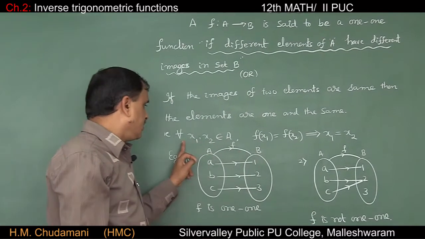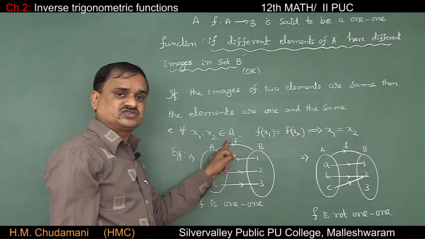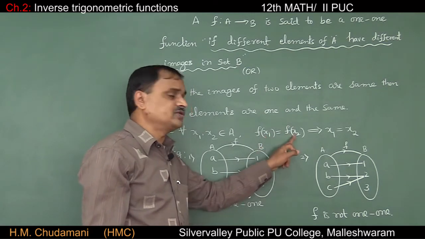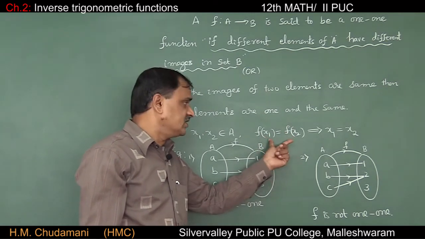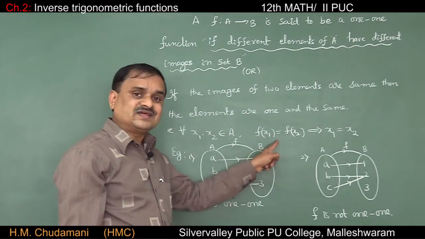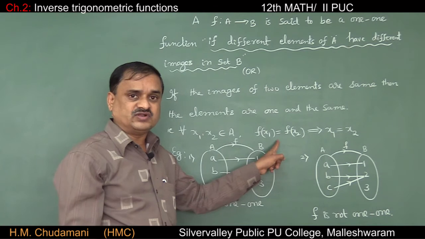For all x1, x2 belonging to the set A, if f of x1 equals f of x2, images of two elements are equal, then the elements are also equal. That is another method to show it is a 1-1 function.